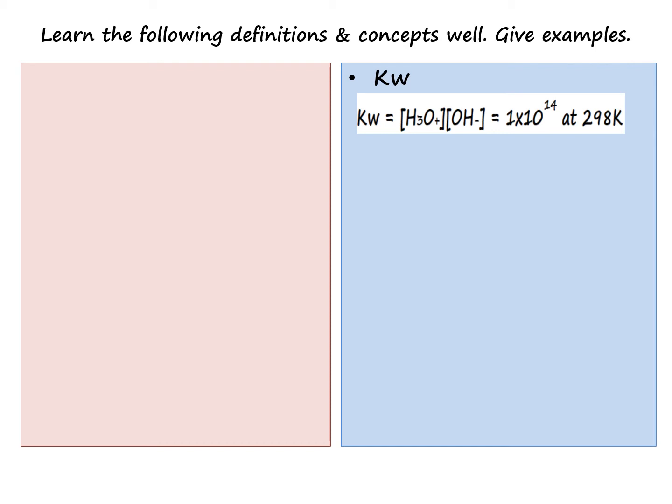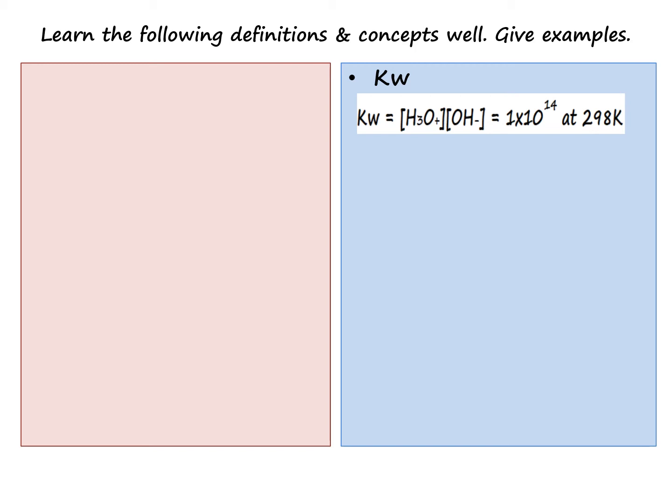It can be written as Kw = [H3O+] × [OH−] = 1 × 10^−14 at 298 Kelvin.